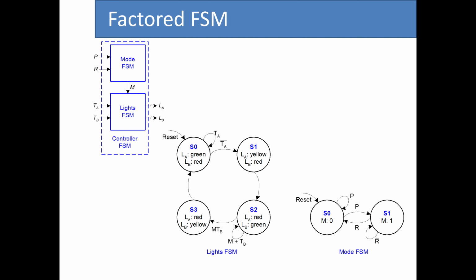But if we follow the factored FSM approach, then we have one FSM only helping us choose the mode, and the other one is for choosing the traffic light, right?